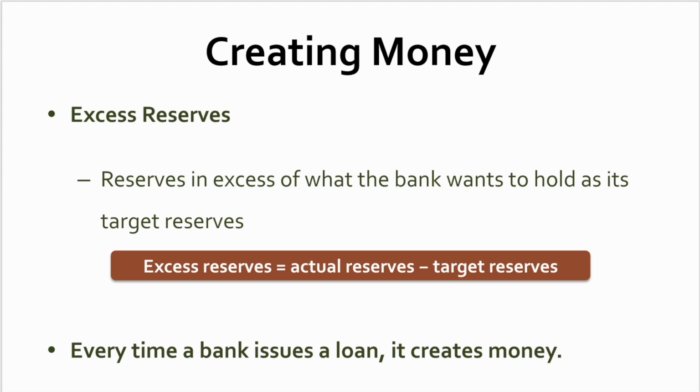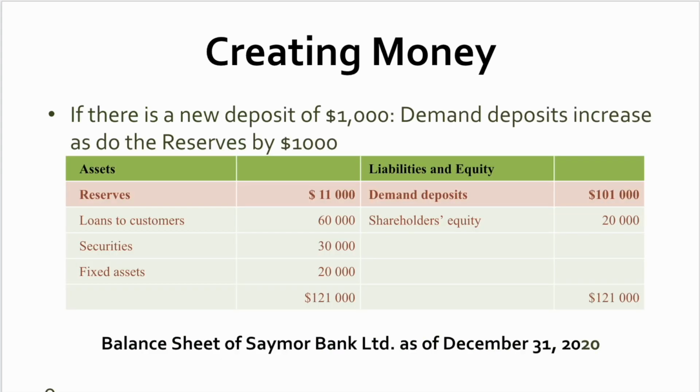So banks really create money based on this because they loan out that money. If someone, for example, were to come and deposit $1,000 in the bank, the reserves of the bank would go from $10,000 up to $11,000, and demand deposits, the liability side, will go up by $1,000 as well.